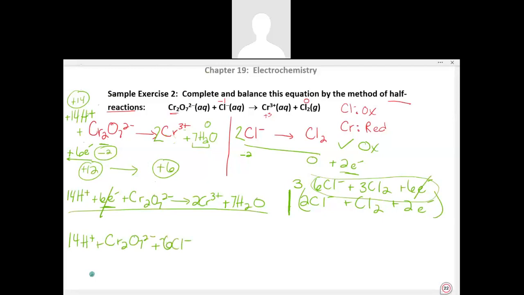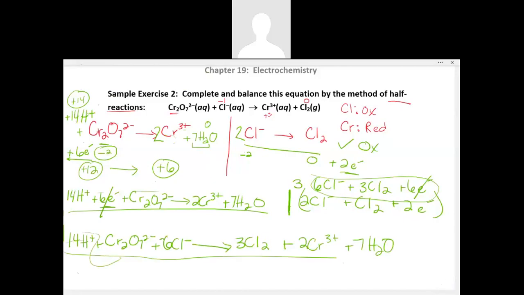And then I have my products. I'm going to have 3 Cl2 plus 2 Cr3 plus 7 H2O. We'll double check and make sure that we don't have any H plus or water on both sides. We do not, so we can say that this is our overall balanced chemical equation in acidic conditions.